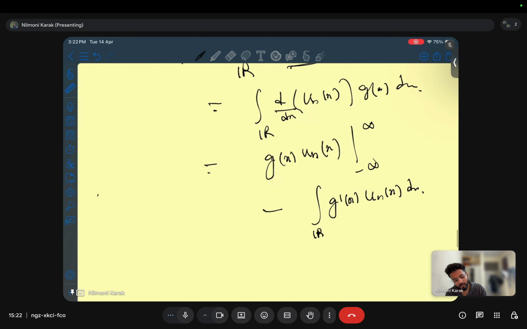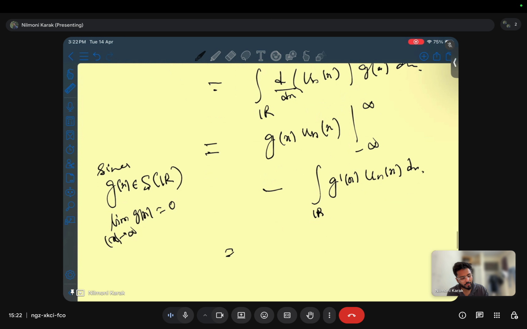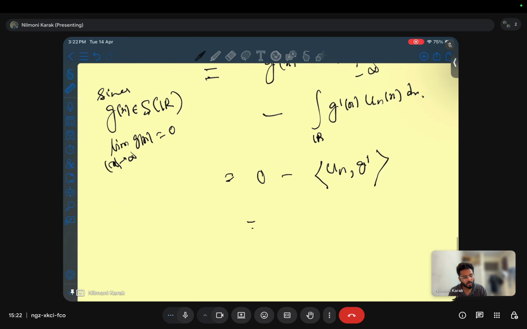And since g(x) is in S(R), the limit as mod x tends to infinity of g(x) is 0. So this first term is 0, minus this. This is basically un applied to g dash, and since un converges to u weakly, this converges to minus u applied to g dash.